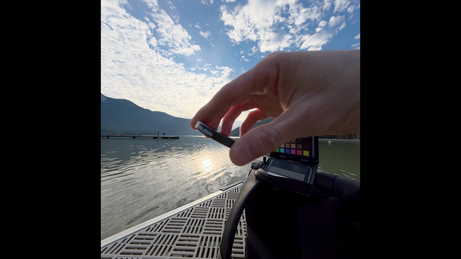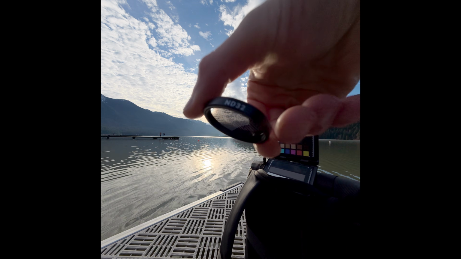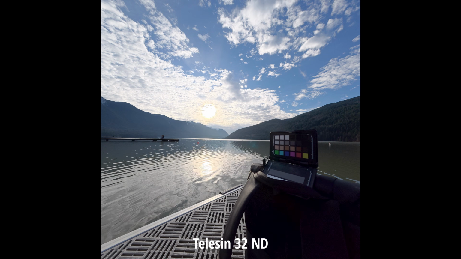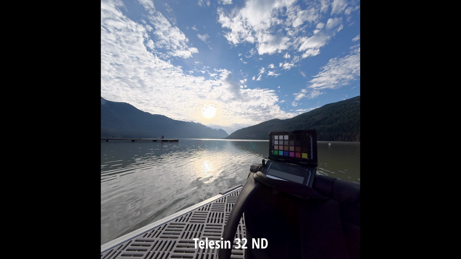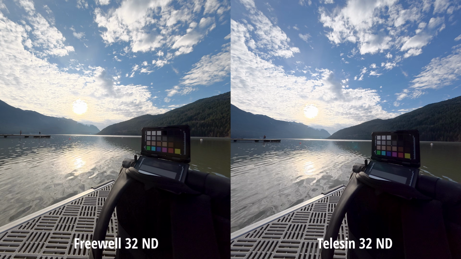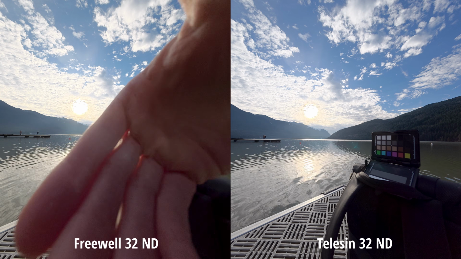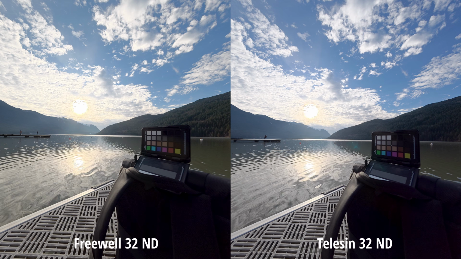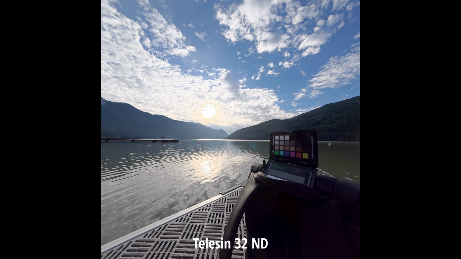Oh, I kept trying to be very careful with this. See, we got the Telesin one here. This is their ND32. How does that look in comparison? Are there any sort of white balance shifts or any sort of vignetting in the corner at this ND filter?